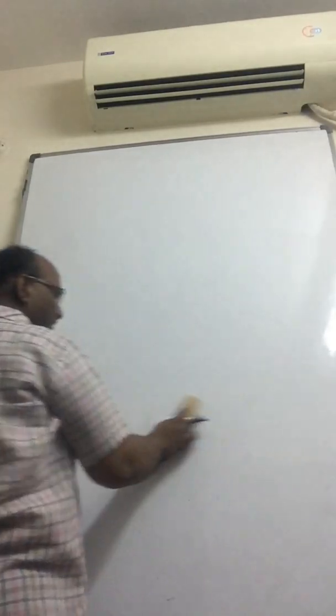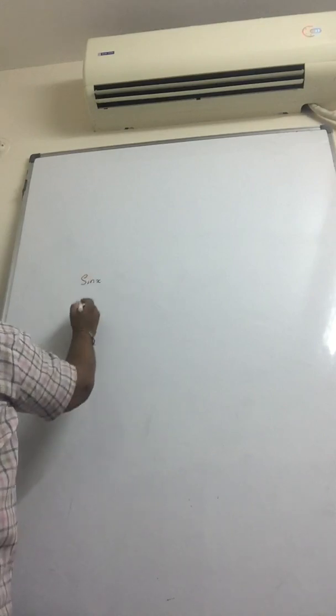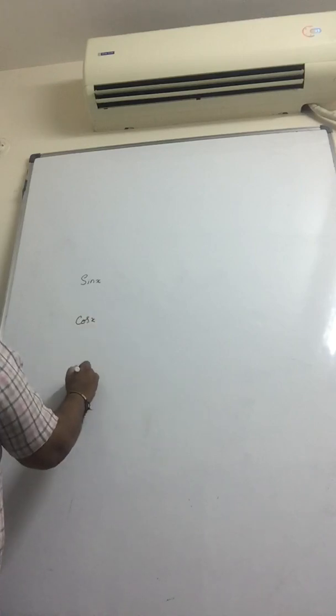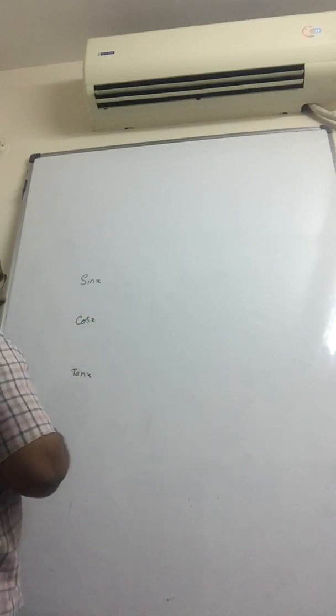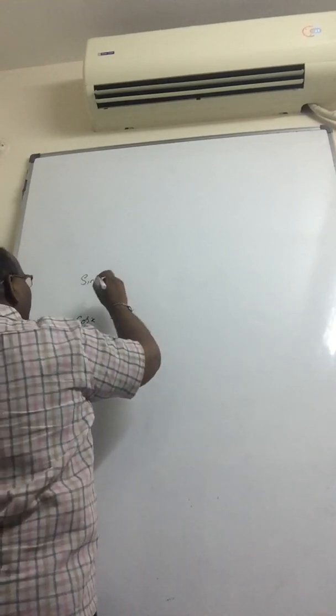Now let us discuss a few more functions, that is trigonometric functions: sin x, cos x, tan x. So how does the graph look?